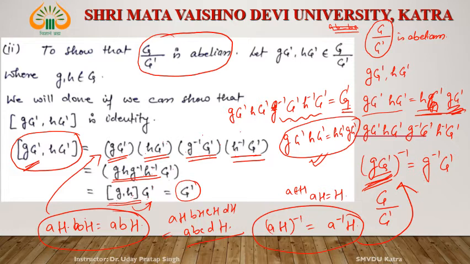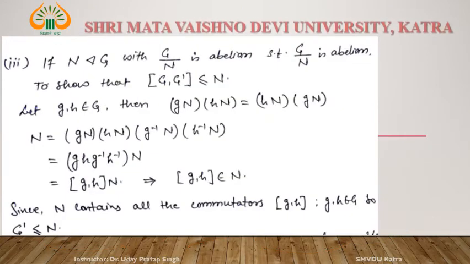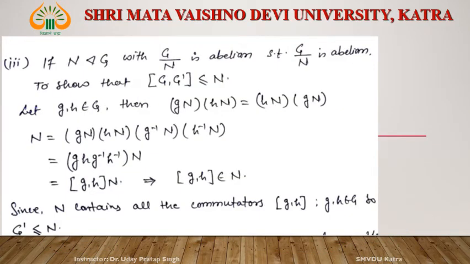Hence this result holds for all elements of G by G prime. Hence G by G prime is abelian. Okay. Now come to the third part. We have to show that G prime is the smallest normal subgroup of G. So if we want to prove that G prime is the smallest, let us consider one more normal subgroup.